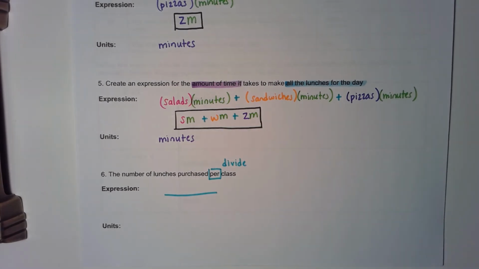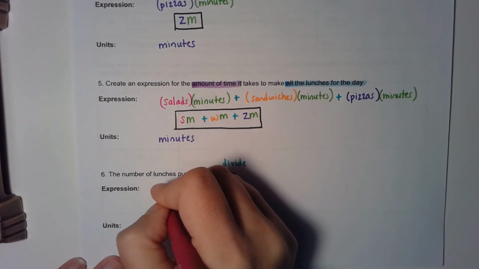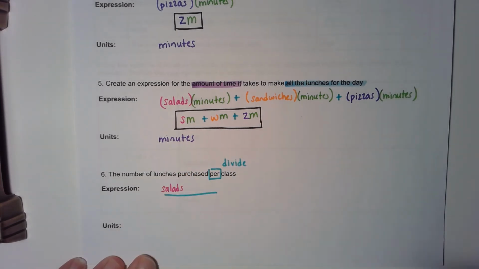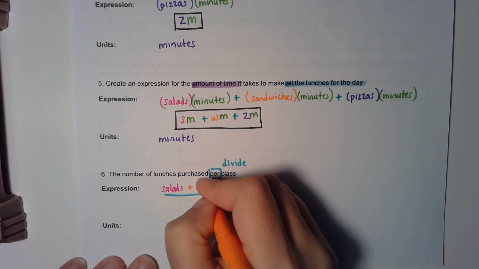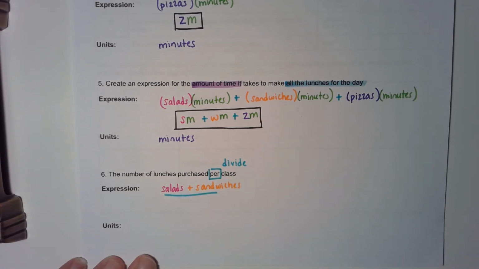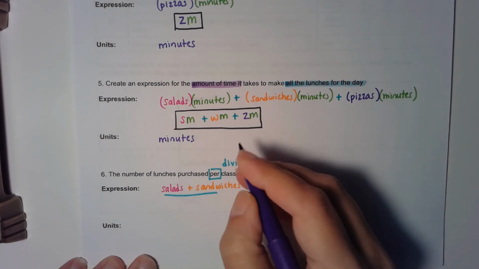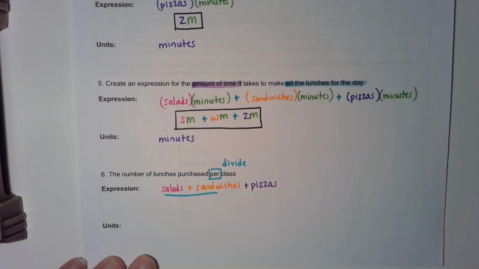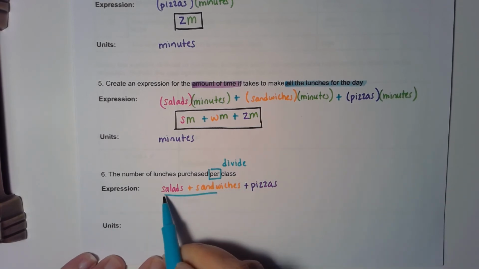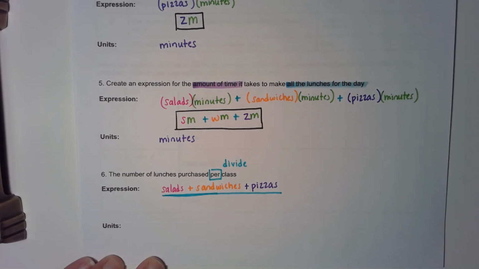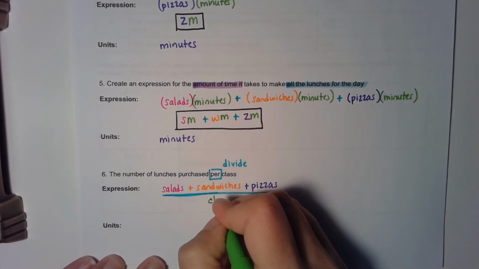To figure out the number of lunches, we're going to need to add up the number of salads plus the number of sandwiches plus the number of pizzas to get the total number of lunches. And then per class means we need to divide by the total number of classes.